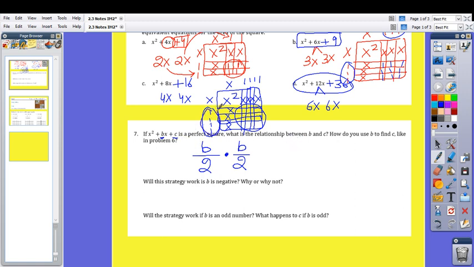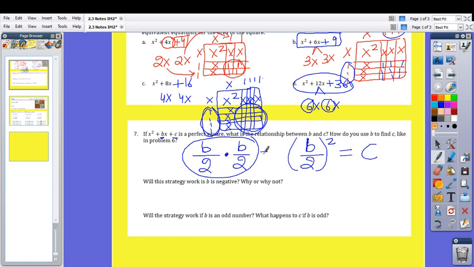Okay, because we did 4 times 4 and we got 16. We did 6 times 6 and we got 36. So we split your b by half, and then you multiply it by itself. So the number that you get is nothing but the c.